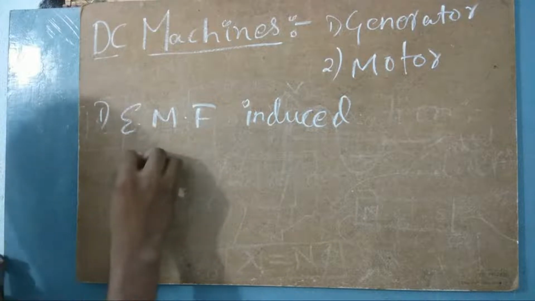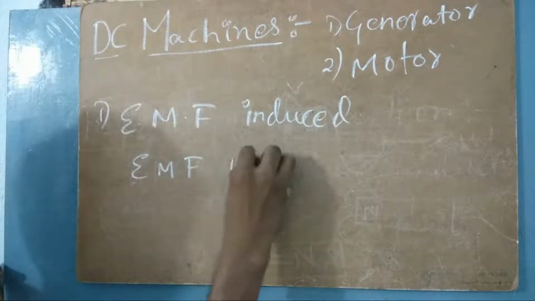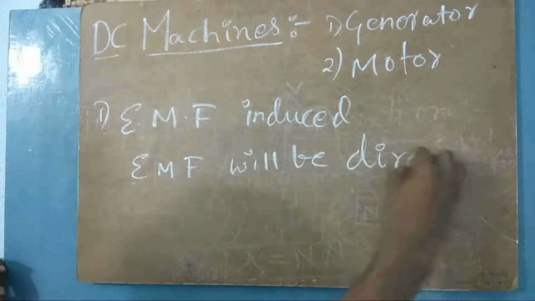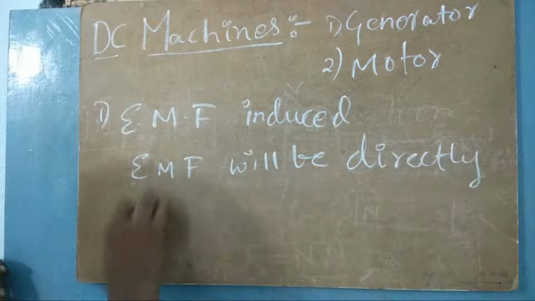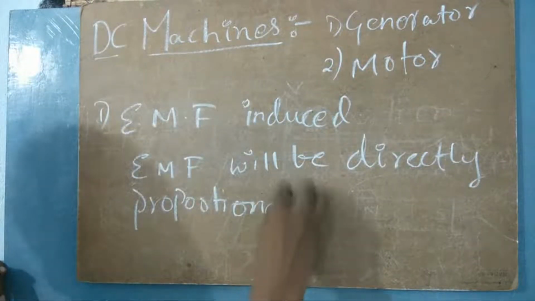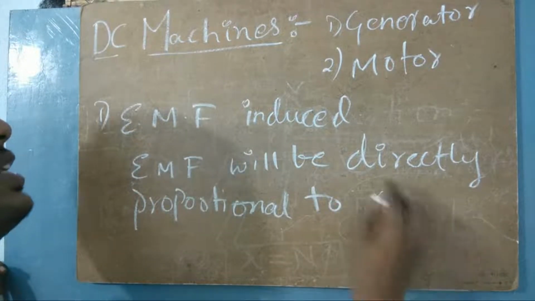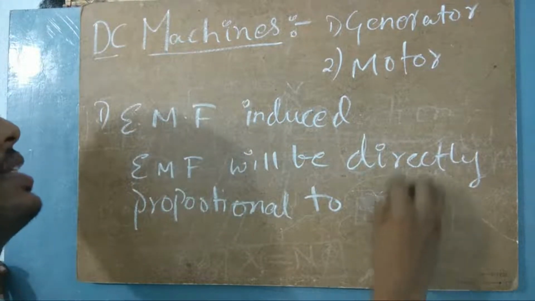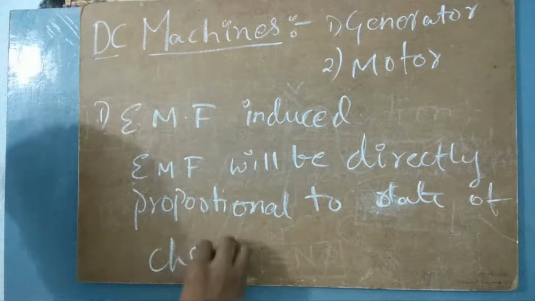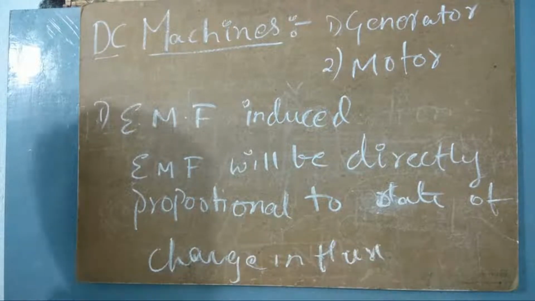The EMF produced will be directly proportional to the rate of change in flux.